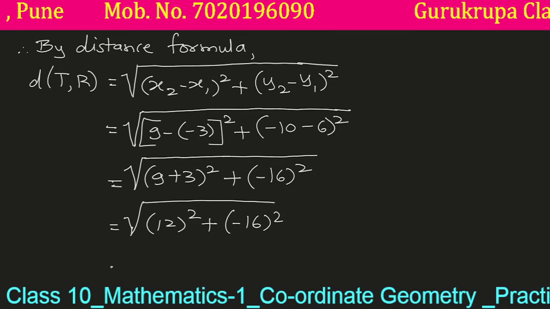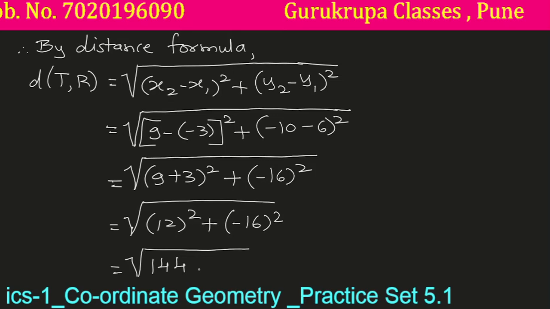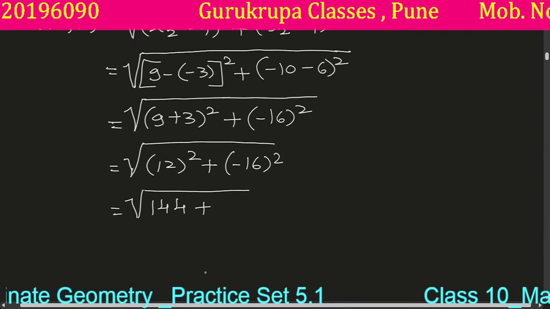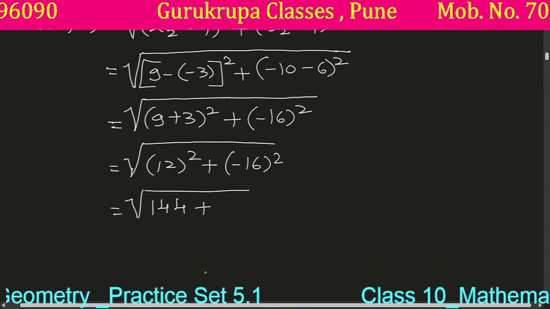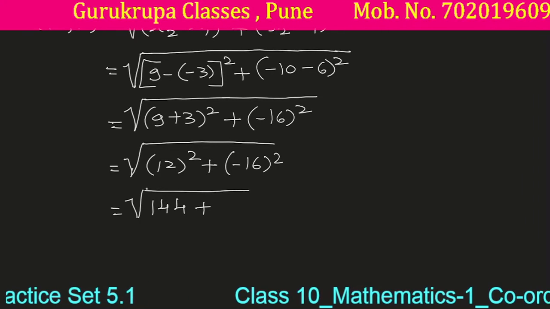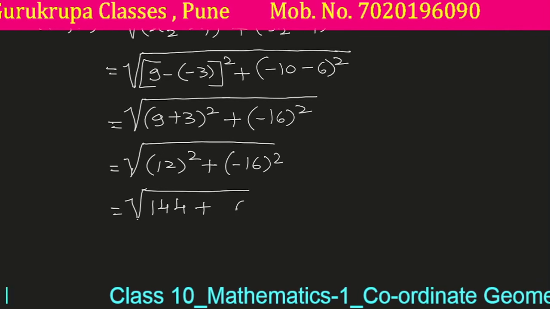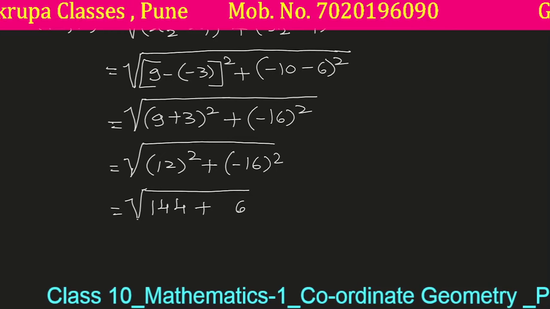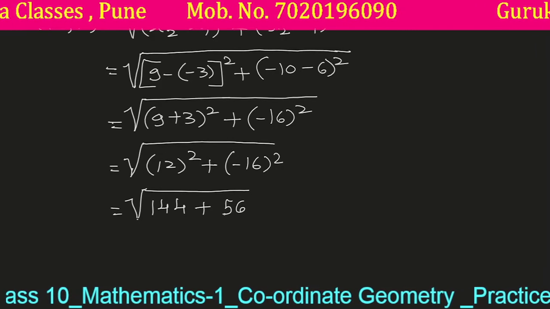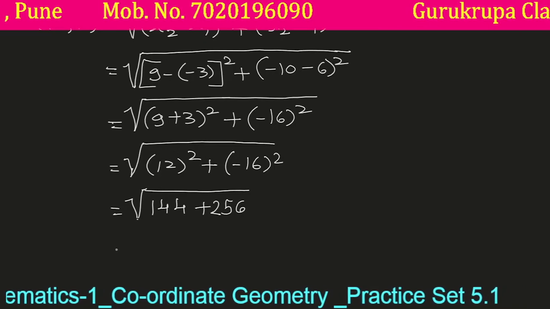So now the square of 12 we get 144, and plus minus 16 square. So what is the square of minus 16? Can you tell? 256.